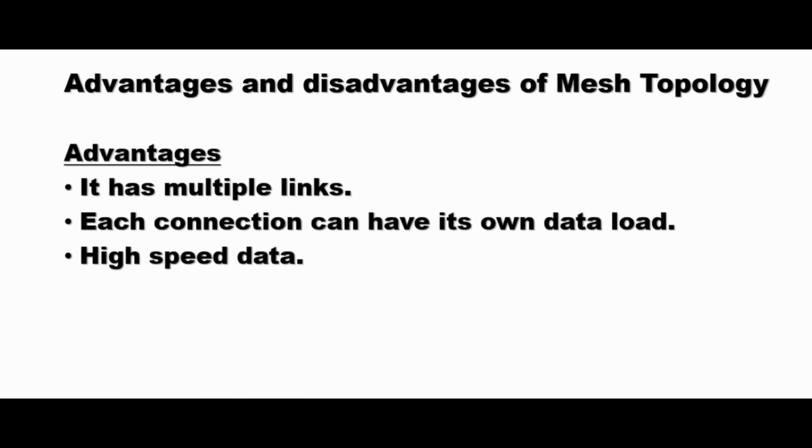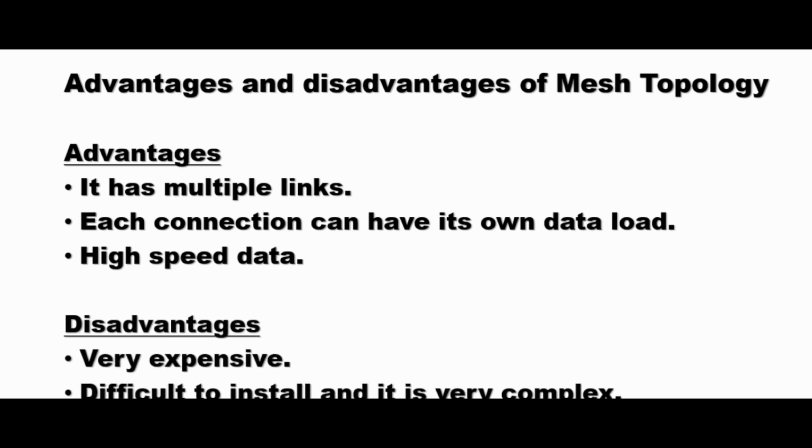The advantages: it has multiple links. If one router is blocked, it can send information packets through another path. Each connection has its own load, so traffic is eliminated. There will be no traffic load in this system and it has high data speed. It is not affected by heavy data load.